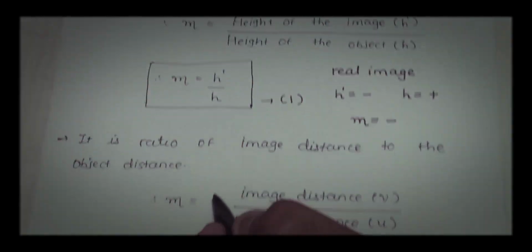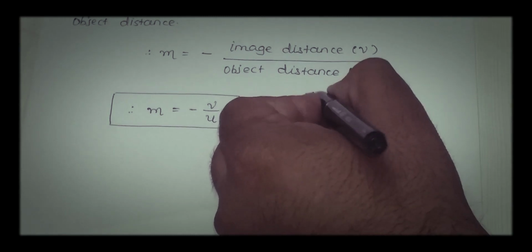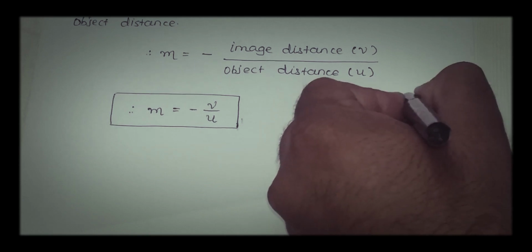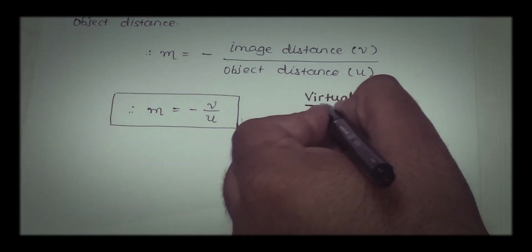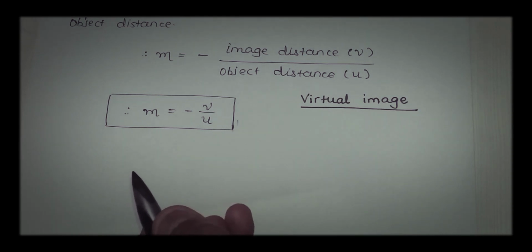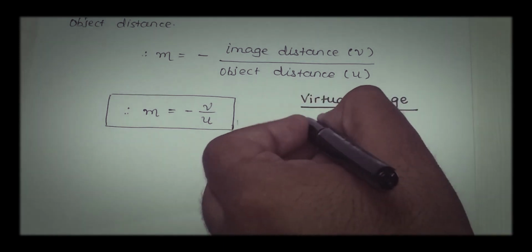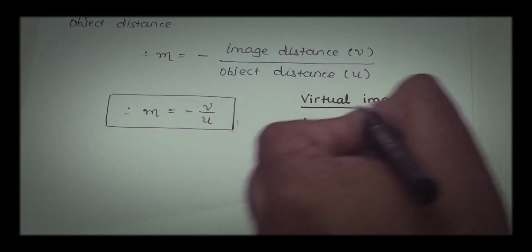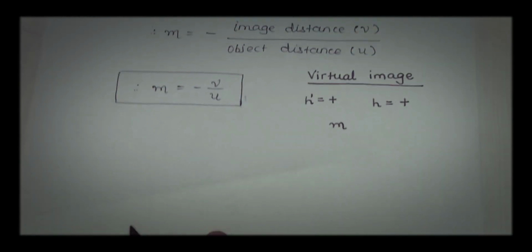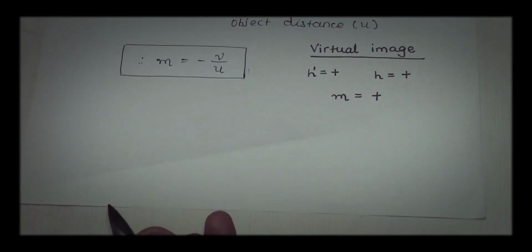Now we discuss the virtual image. In a virtual image, the image height is formed upward to the principal axis. So if we apply sign convention, then h dash is positive and h is also positive. So m is positive.